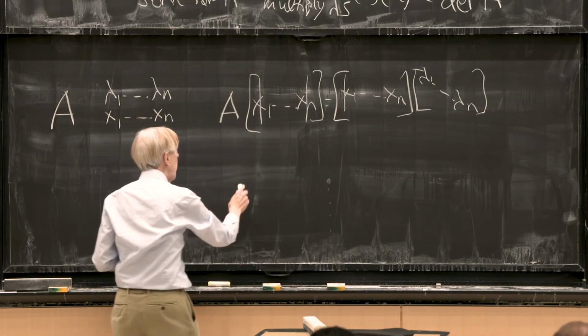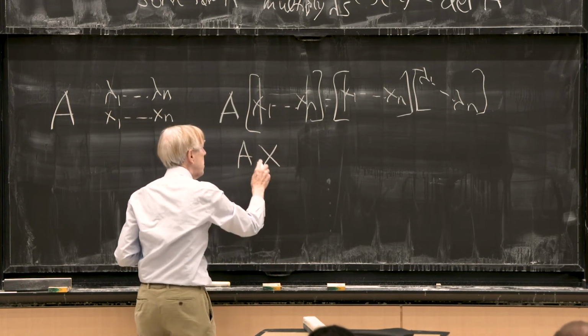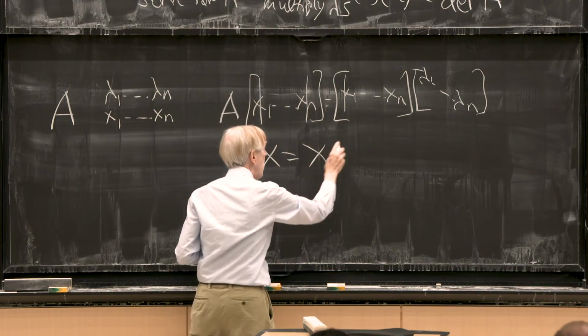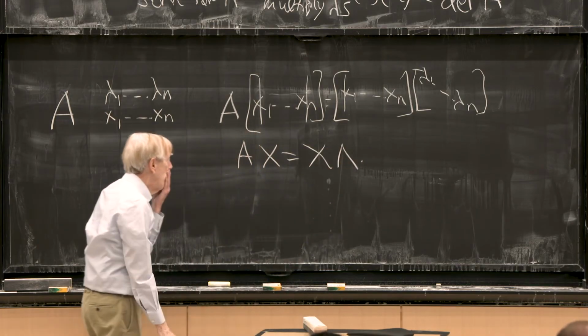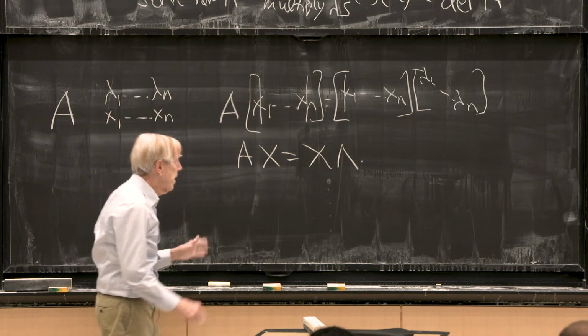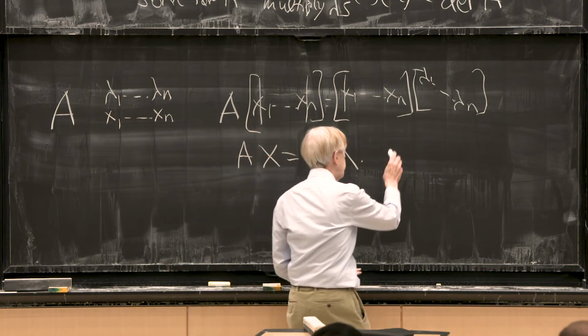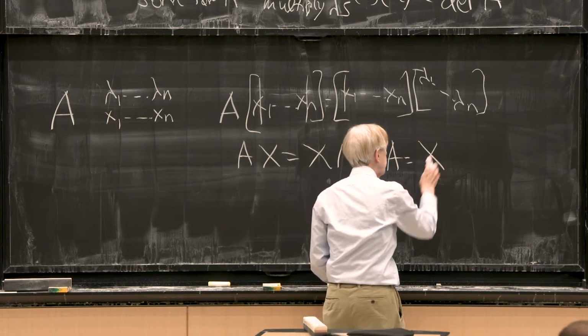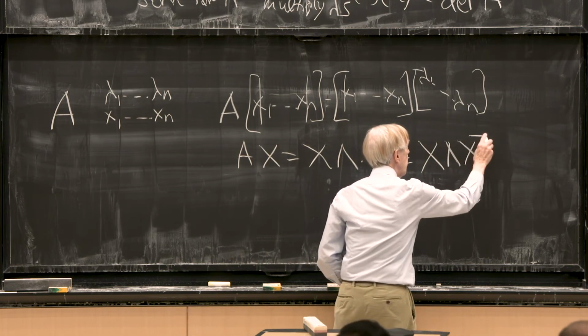I would shorten that to A X equals X lambda. And I could rewrite that, and then I'll slow down, as A equals X lambda X inverse.